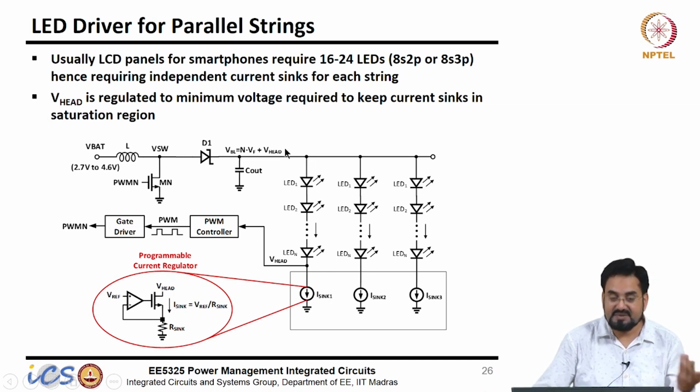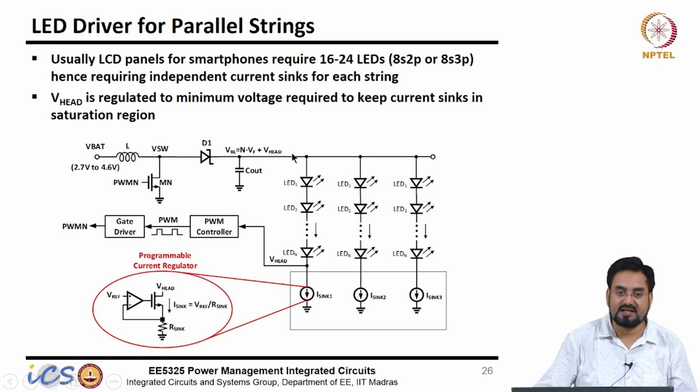But that may change actually. Let us say I have designed a regulator to boost to this particular voltage, and somebody changes the number of LEDs in a string, and he wants to use the same regulator.